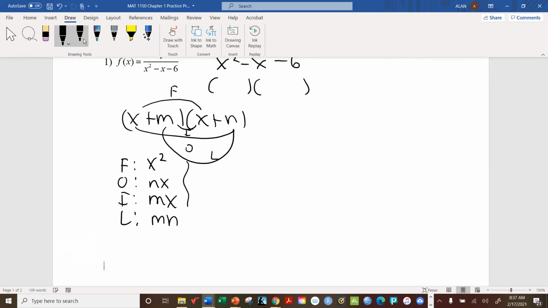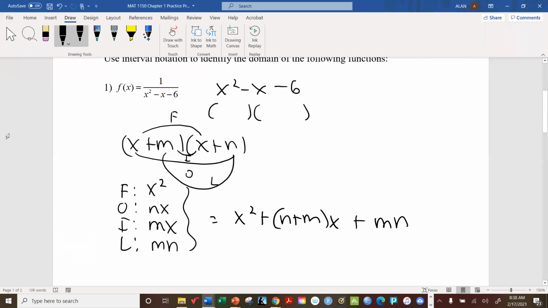And we'll consolidate these to come up with x squared plus n plus m times x plus mn. So up here, you should be able to tell by looking at this one, n plus m equals the coefficient of x, which is -1, and m times n.